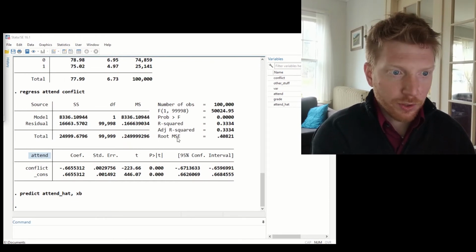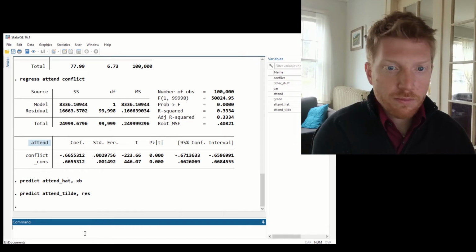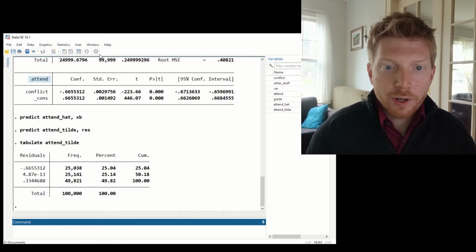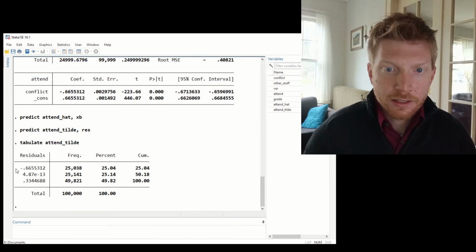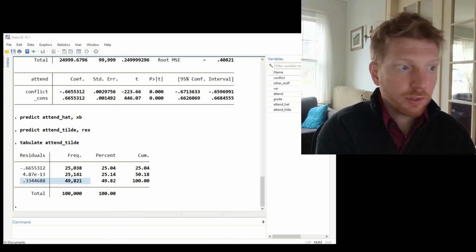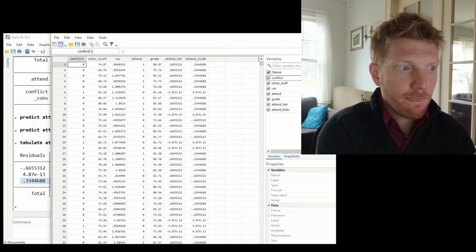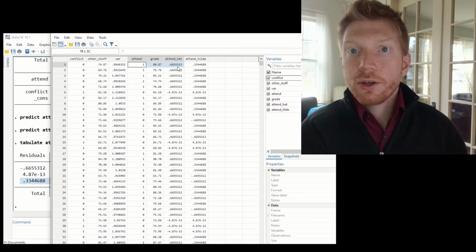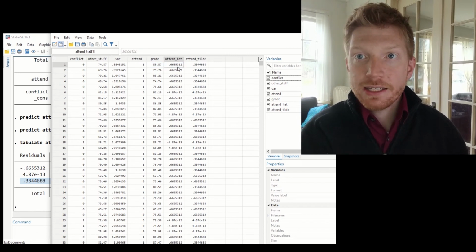Now, if we were to create the rest of the variation, we'd actually see there's multiple values. There's the people who didn't attend and the people who did attend for those with the conflict. So here is somebody who didn't have a conflict and attended.